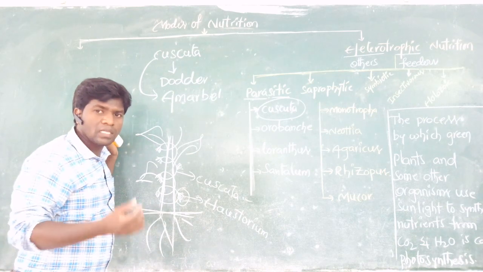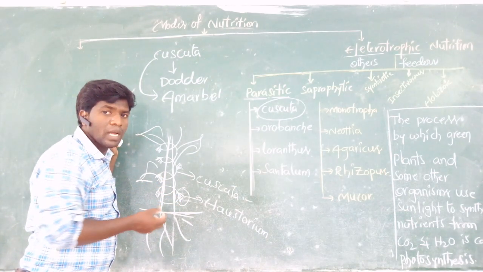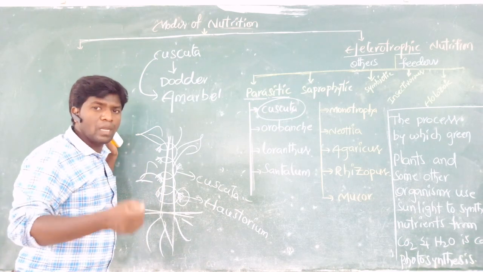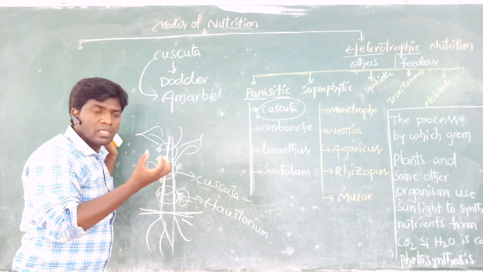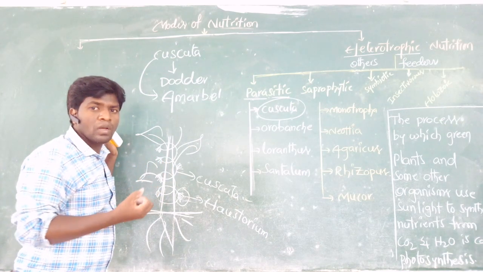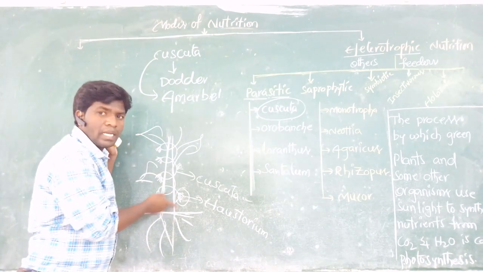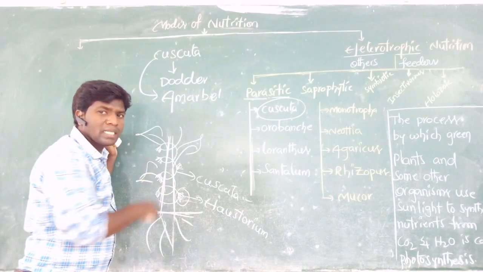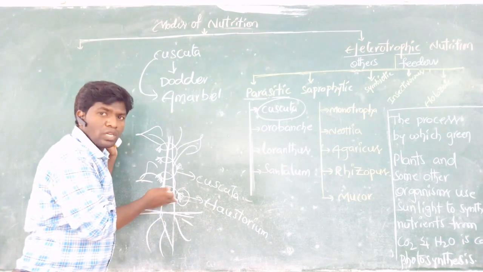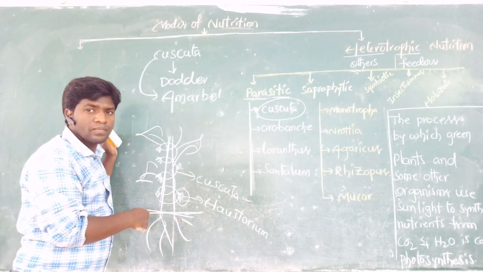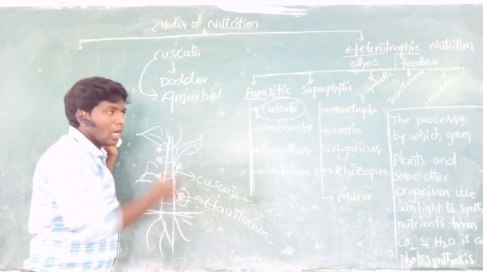These haustoria help the plant in the absorption of nutrients from the host plant. So this Cuscuta is completely depending on the other plant's stem. So the Cuscuta nutrition is parasitic nutrition, as already explained.